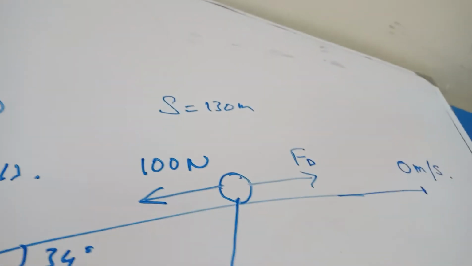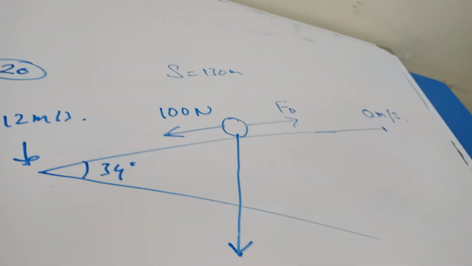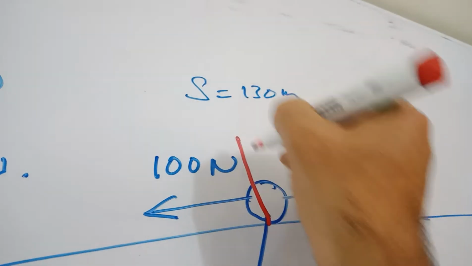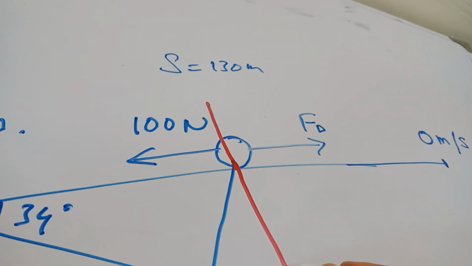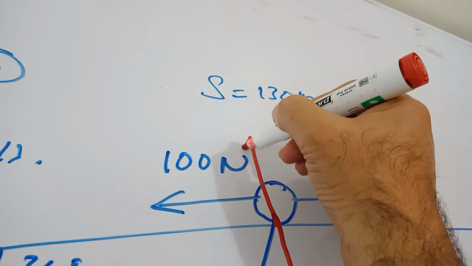Again we shall be resolving this weight. We should always do that. So I'll be doing it like this. There is a right angle. We don't need R right now.